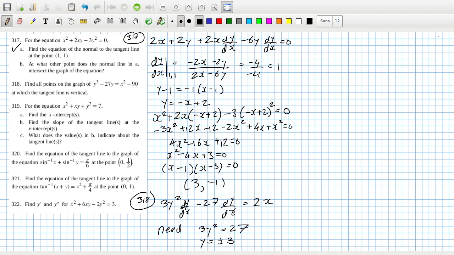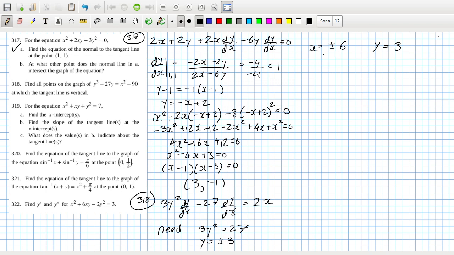But of course, we have to get the x. So the x is, let's get out the calculator, square root, let's do the plus answer first, 3 cubed minus 27 times 3 plus 90. So that's 6. But there's a plus or minus here. So I'm not sure what to do about that just yet.